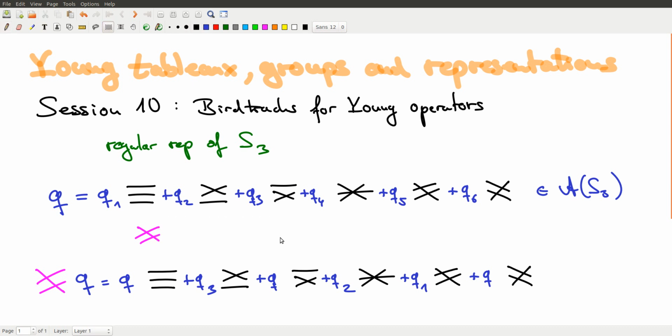So what's Q4? Q4 is multiplied with this one, and then we get 1 goes back to 1, so we get this transposition here. So the coefficient Q4 ends up here.